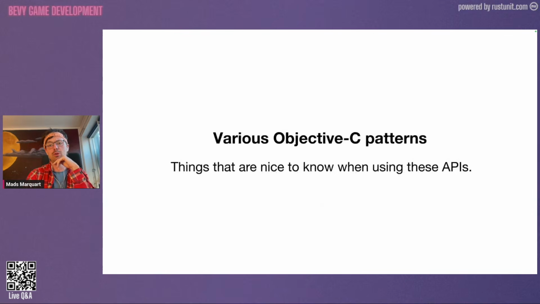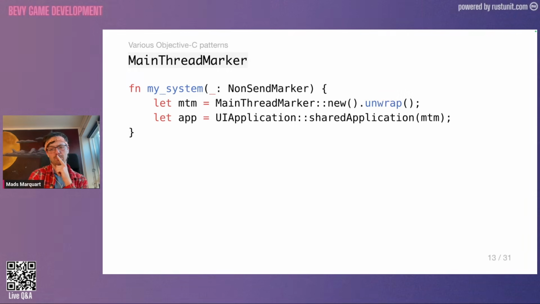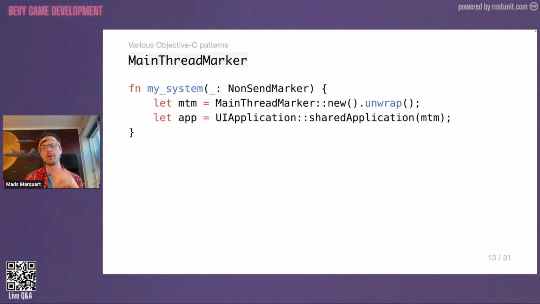Now I'll show you a few things that are useful to know about Objective-C, to make it easier for you to really get into how to do this properly. In Objective-C, a lot of things must be accessed on the main thread.